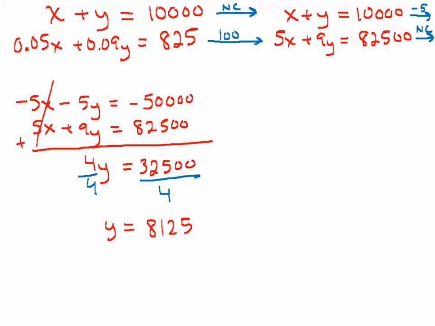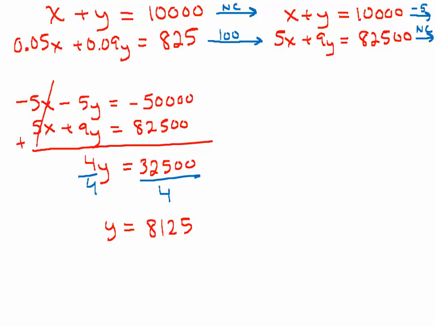No. It is 32,500. Right there, it's 32,500 divided by 4. Okay. Check it here. Everybody else agreed with what I have on the screen? Yeah, it's right here. Okay.